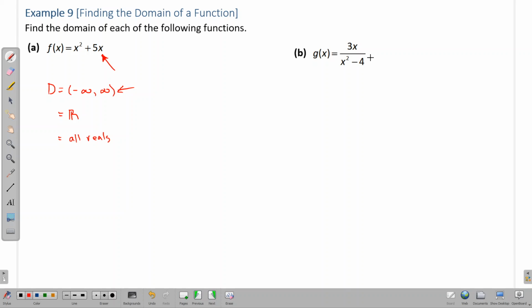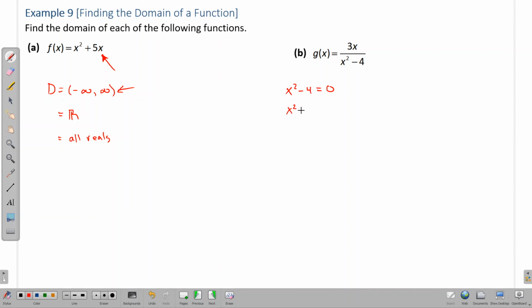Okay, next one. This is a rational function, polynomial divided by polynomial. So immediately we do have a denominator, and that denominator could cause a problem. We can't have the denominator being 0. So let's figure out when it is 0. Anything that satisfies this equation has to be thrown out of the domain. So if we look at this, we notice, ooh, this is a difference of squares.